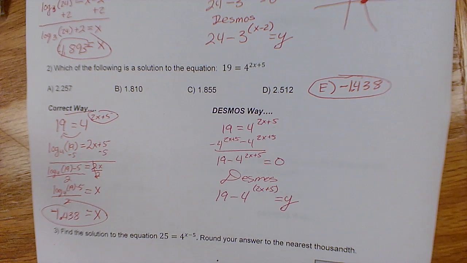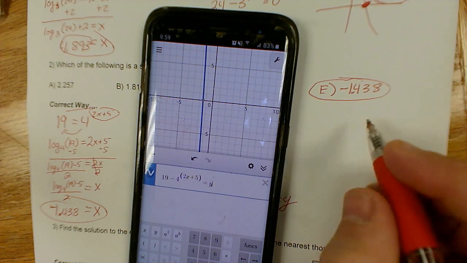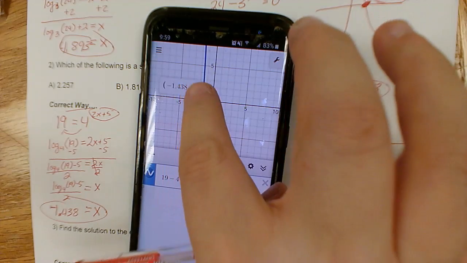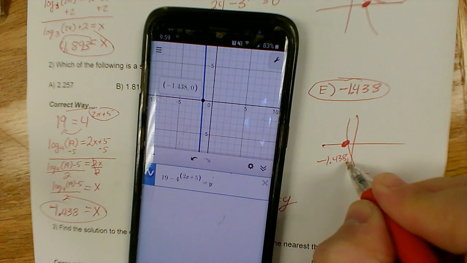And I've already typed it in Desmos. I lied, I did not. Here we go, is equal to y. And so you have a weird little graph. We don't know exactly what it looks like, but it crosses here at negative 1.438, comma 0.